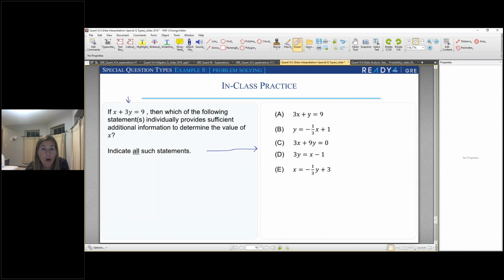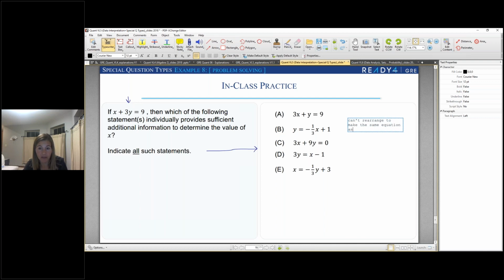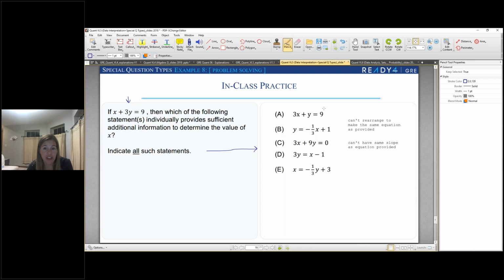Okay, so we are looking for an answer here that can't rearrange to make the same equation as provided, and can't have the same slope as the equation provided. Those are our two criteria. Okay, so we go through our options here, and it turns out that this one, if we rearrange it, we get y is equal to negative 3x plus 9.